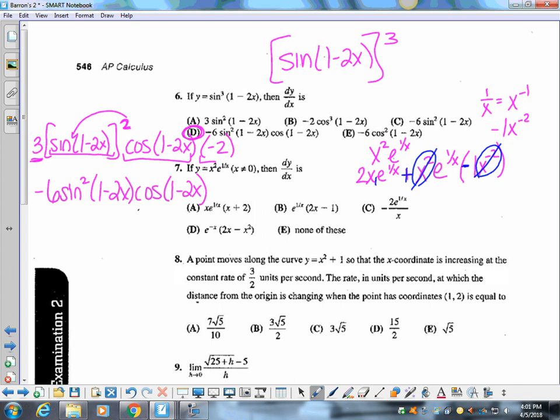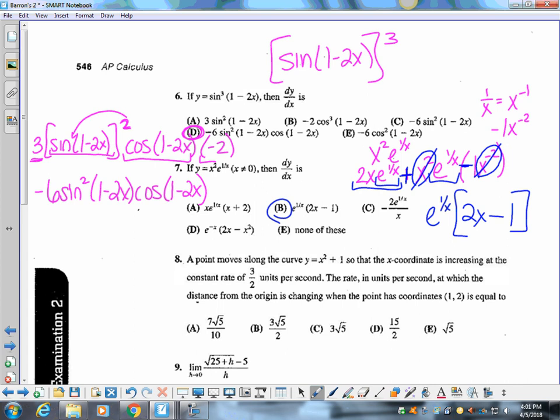They both have this e to the 1 over x. If I GCF that out of the first term, I've got a 2x. Remember that that minus is going to make that plus a minus. And I don't have anything left in that one. And that is B. So not only the derivative rules, but also the cleaning up. So just be careful there.